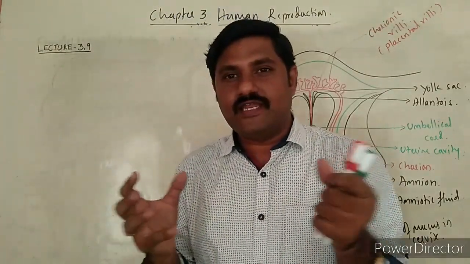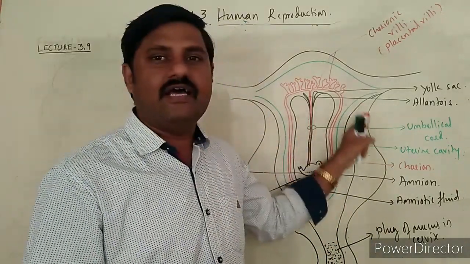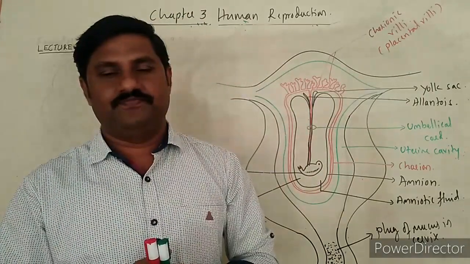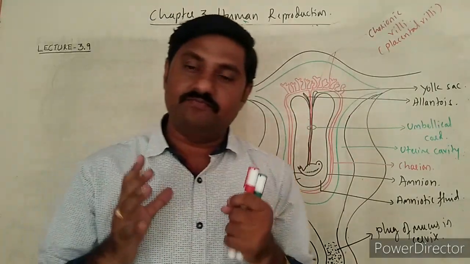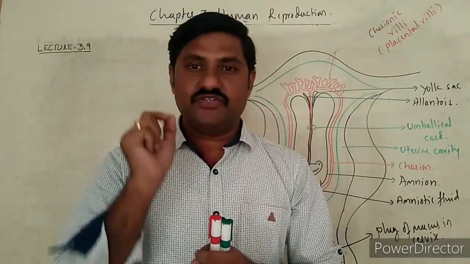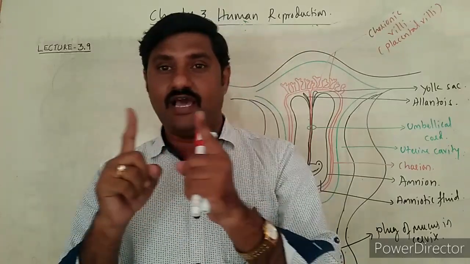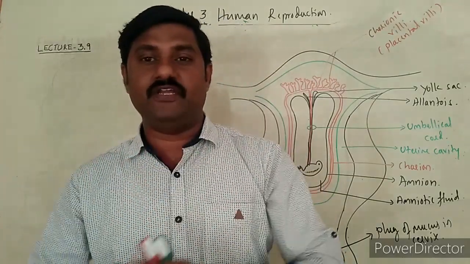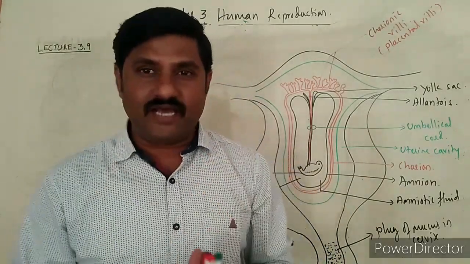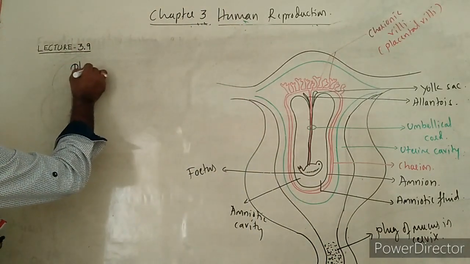A functional or physiological connection between the developing embryo and the mother itself, and that is nothing but the structural and functional unit between the mother and the developing embryo or the fetus. That is called the placenta. Remember, it is called the placenta.